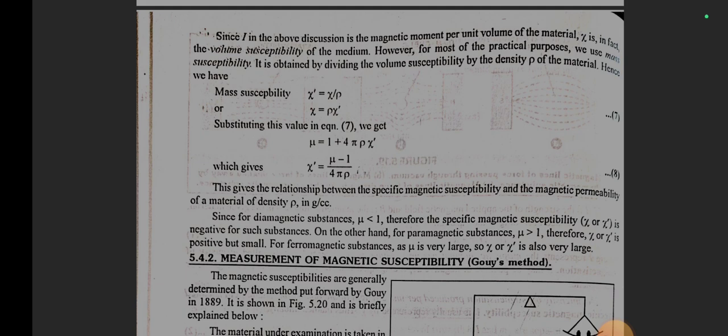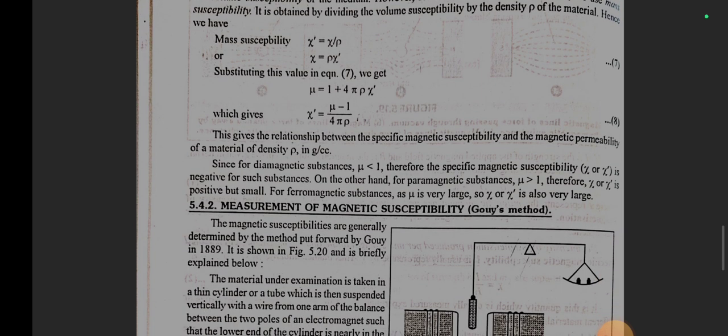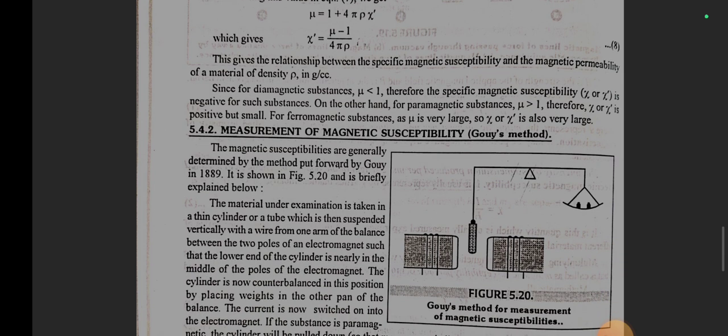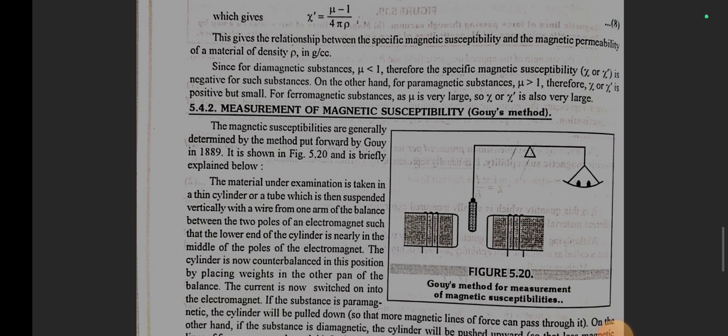Hence we have mass susceptibility χ' = volume susceptibility by ρ. So substituting the value in equation 7, we get χ' = (μ - 1)/4πρ. This gives the relationship between the specific magnetic susceptibility and the magnetic permeability of the material.